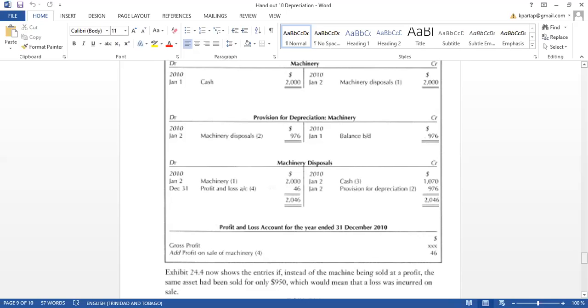So we add profit of sale of machinery, $46, to whatever your gross profit was. Is that a little bit clearer in terms of whether you make a profit or loss? Yes, okay, good.